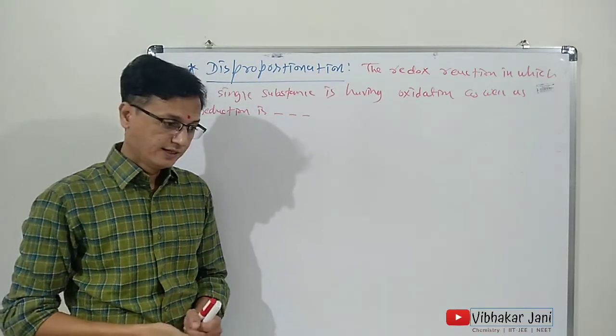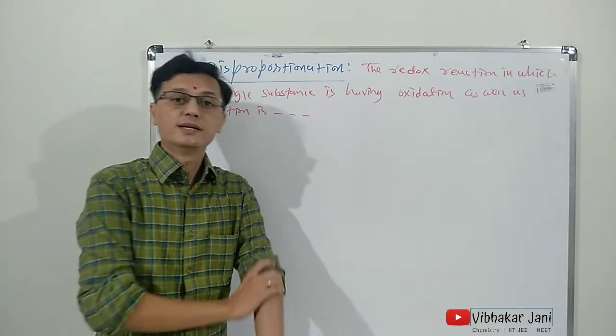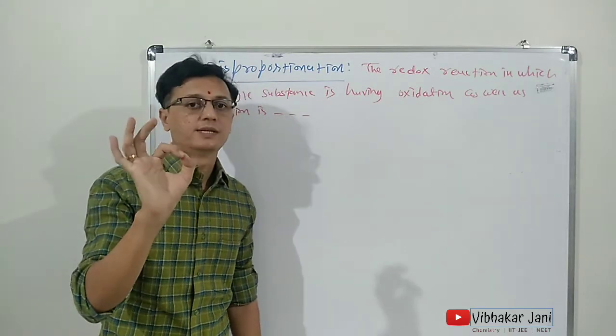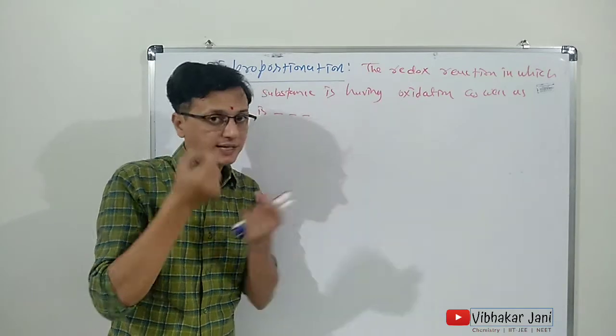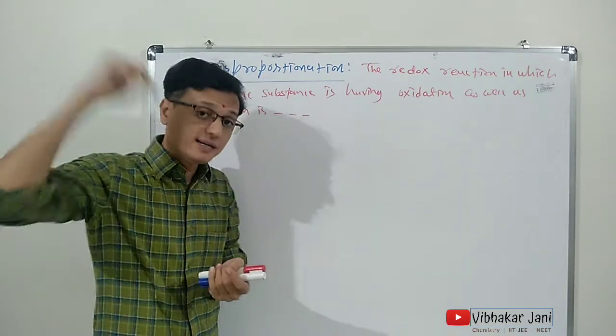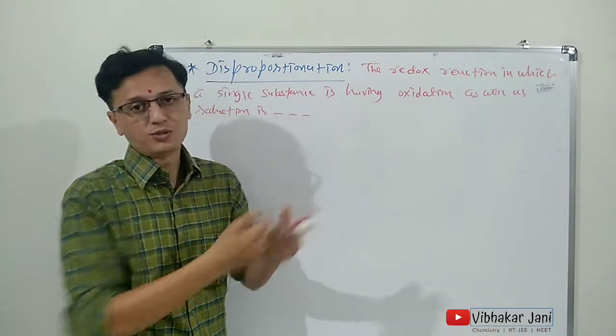That means this is a kind of reaction in which the same substance will have oxidation as well as reduction. So a single substance is oxidized and that substance itself is reduced also.